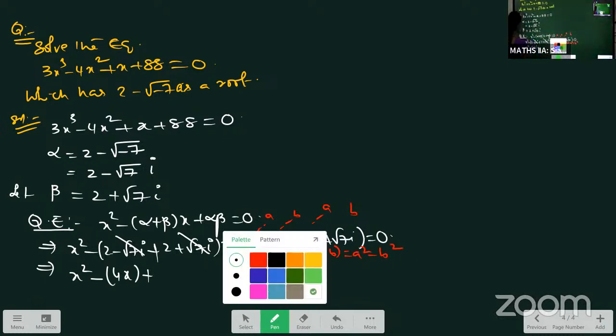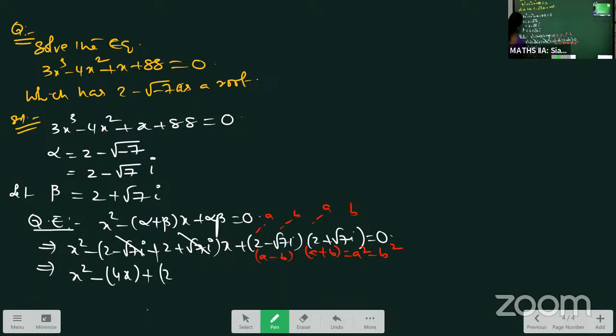Then we write this as 2 square minus root 7i whole square. Then this is x square minus 4x plus 4 minus the square of this one. For this one, the square and the root will get cancelled. The square belongs to both of them, so when squared this will become i square. Okay.